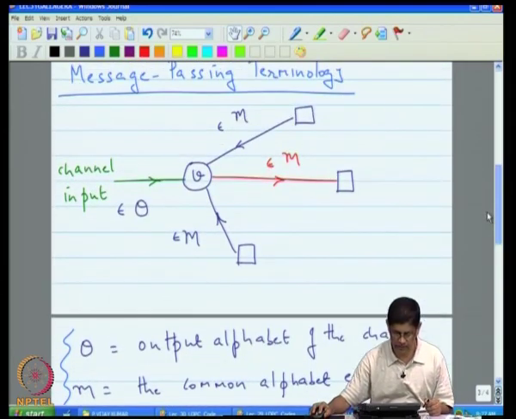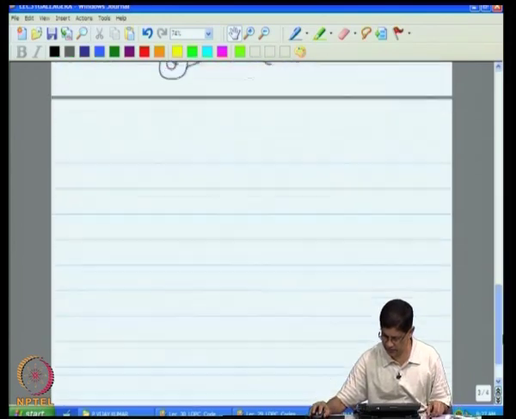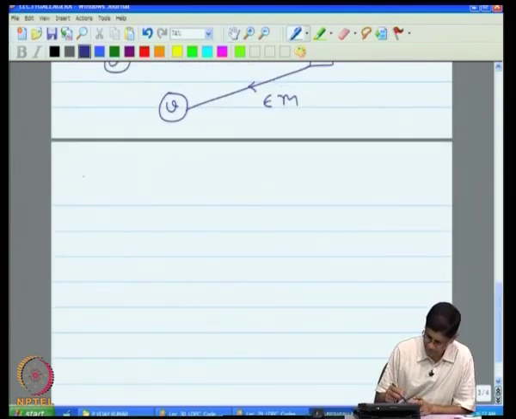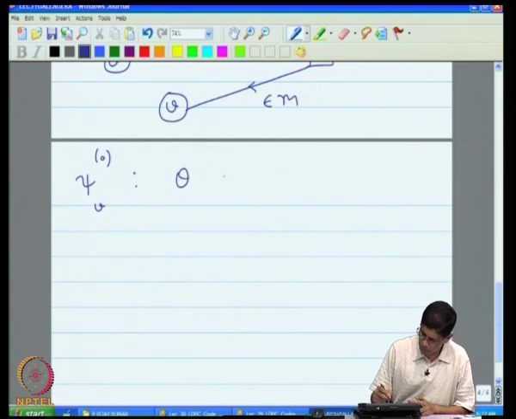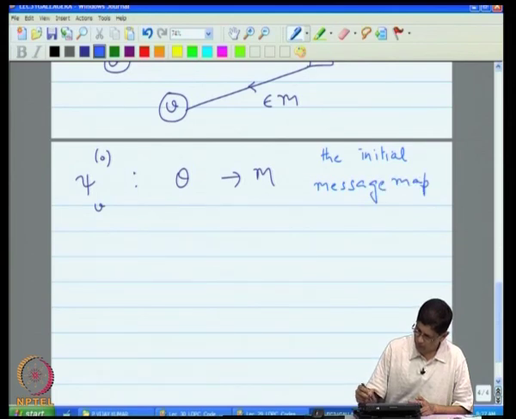Now message passing can actually be viewed as a mapping from the incoming messages to an outgoing message, right. So in that sense we will actually introduce the following notation. We will actually say that psi sub v of 0 is a map from O to M, and you can think of this as the initial message map.